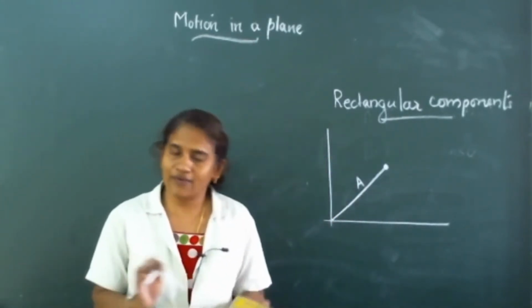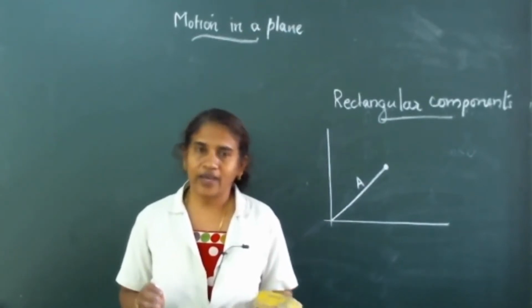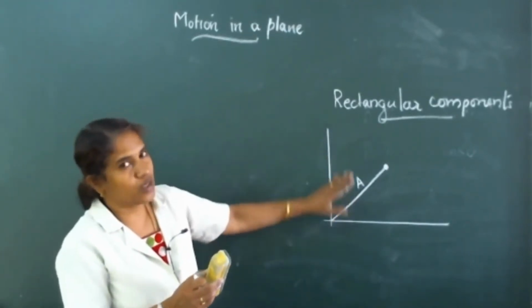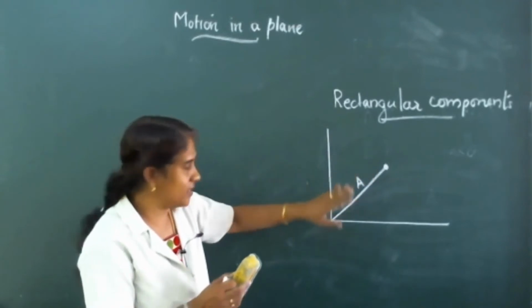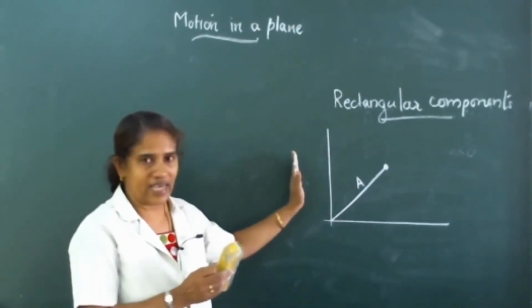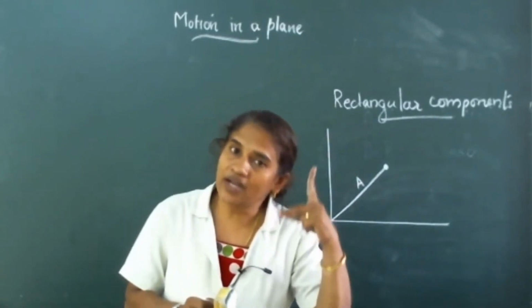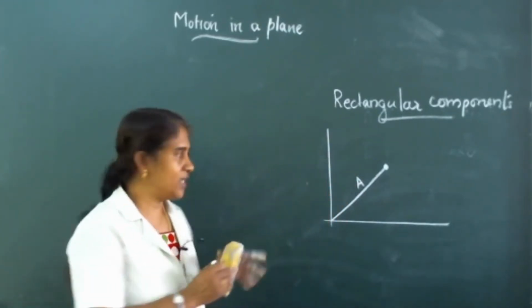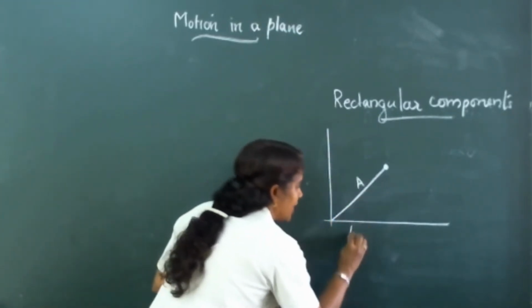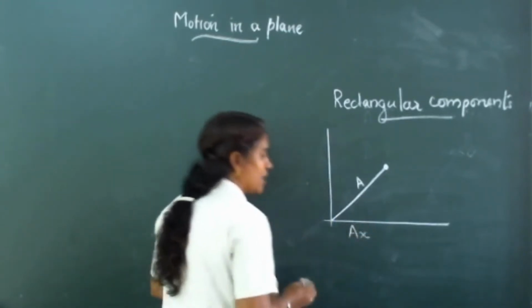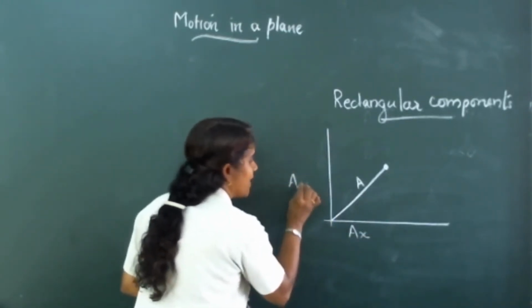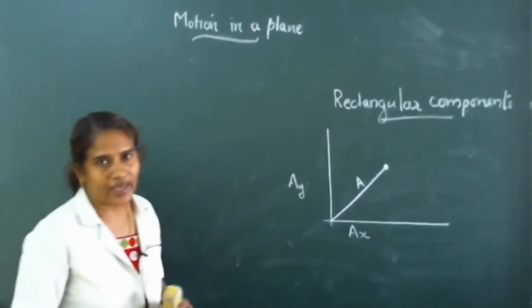Then only can we add directly. By taking the components of a vector along the x-axis and y-axis, those components are known as rectangular components. That is, A is the vector, it has a component along the x-axis and a component along the y-axis.